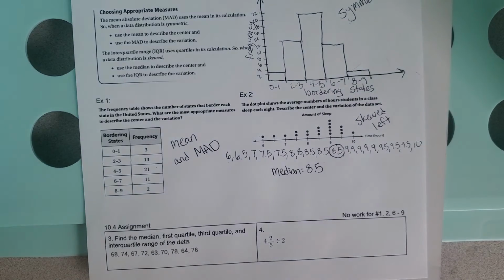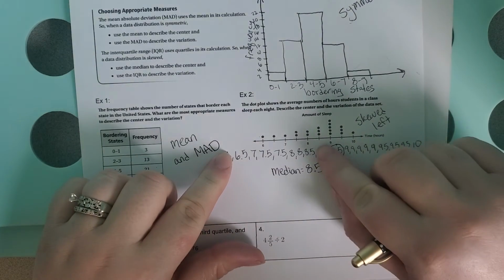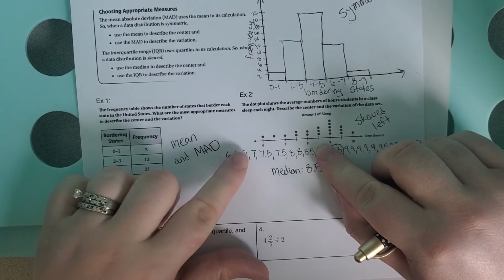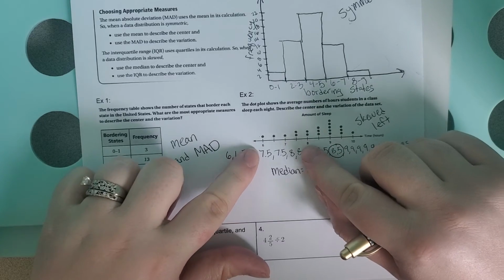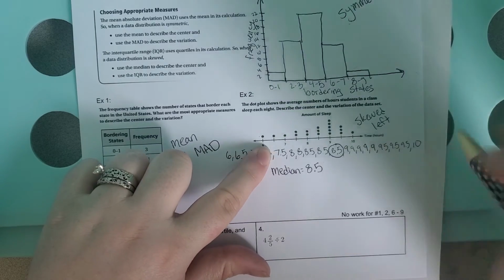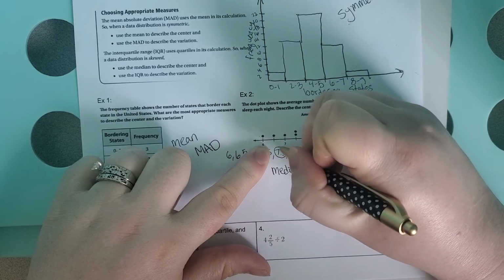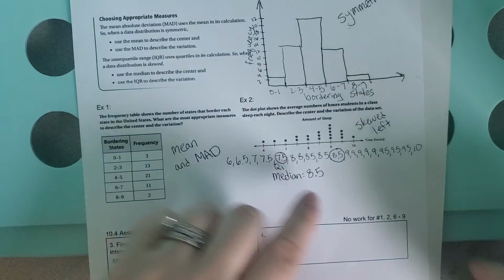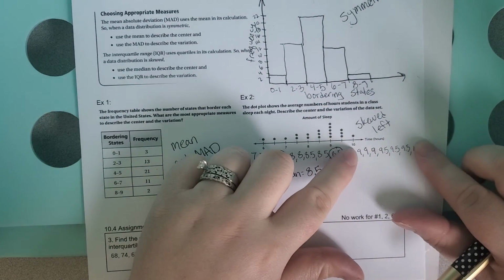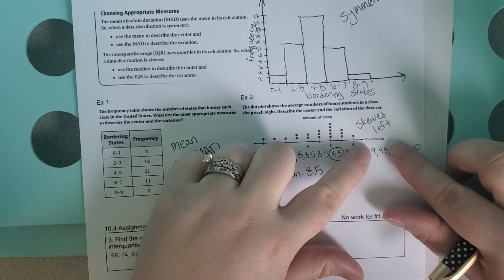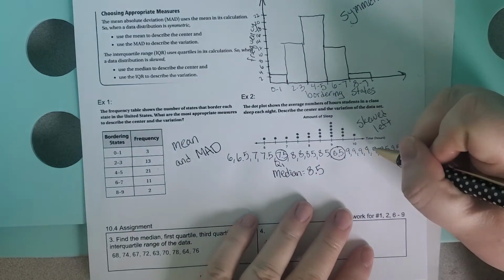Now we need to find the interquartile range, which means we're going to find the middle number of the lower half, the middle number of the upper half, and then subtract them. So I cover up my last two of the lower half, work my way in, and it looks like I get 7.5 as my quartile 1. Then for the upper half, it looks like I have 9.